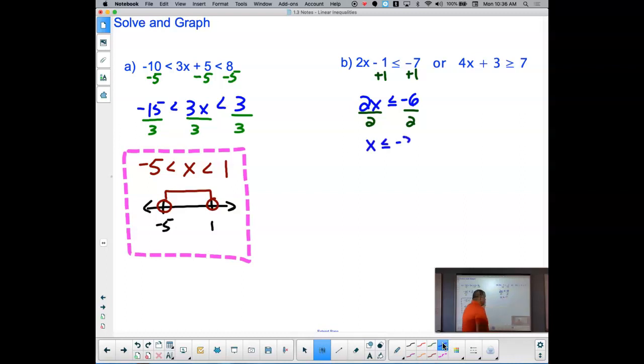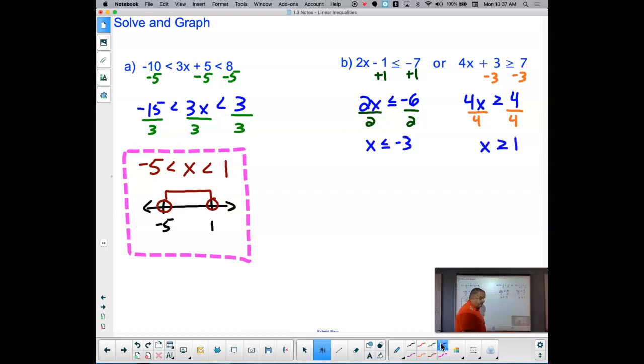Then I'm going to go to the other one, and now I'm going to work this one. I'm going to subtract 3. That's going to give me 4x is greater than or equal to 4. Divide both sides by 4. That's going to give me x is greater than or equal to 1.